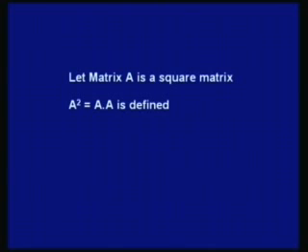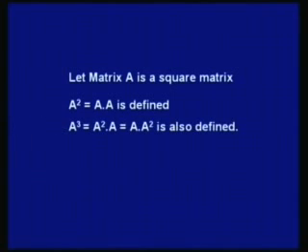Now, if I have a square matrix A, then A square is defined. A cube is also defined as A square into A, and it is also the same as A multiplied by A square. They both are defined.